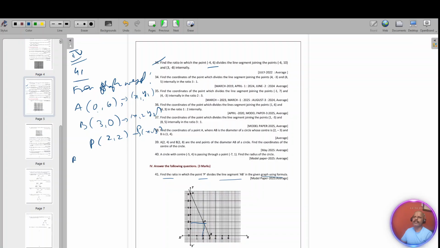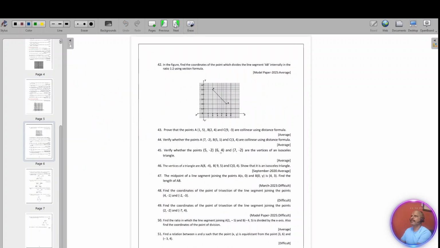If not known to you, please watch my video on 2 marks questions, coordinate geometry, second main solutions. You'll get it. So using the section formula, you find the ratio. Clear? We'll move to the next question. I'm not solving this.